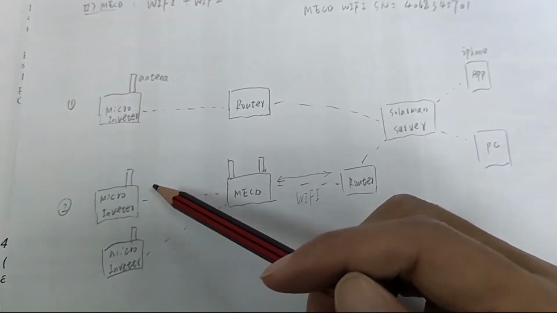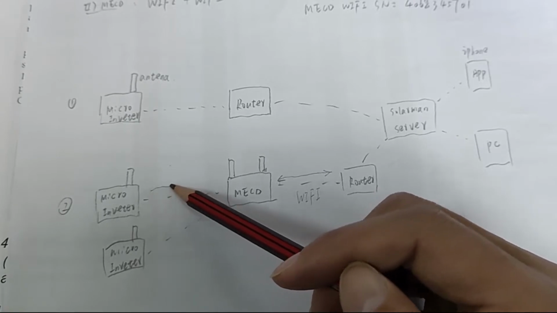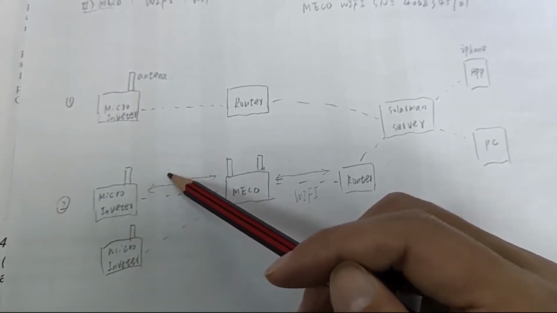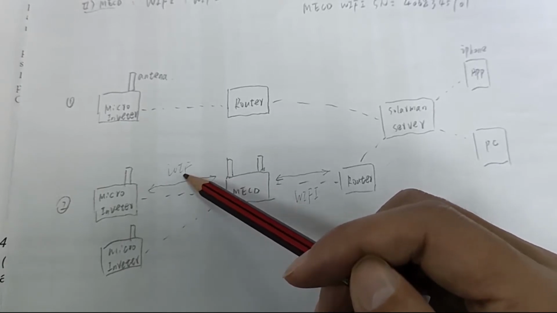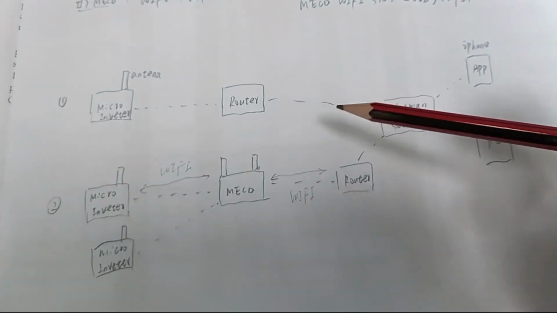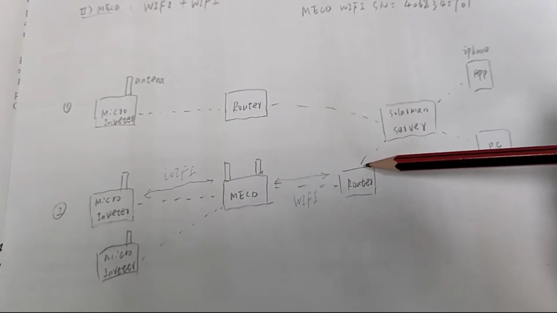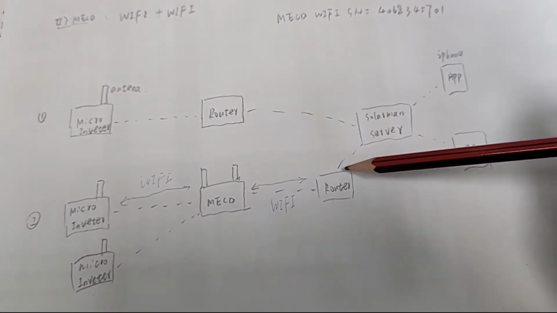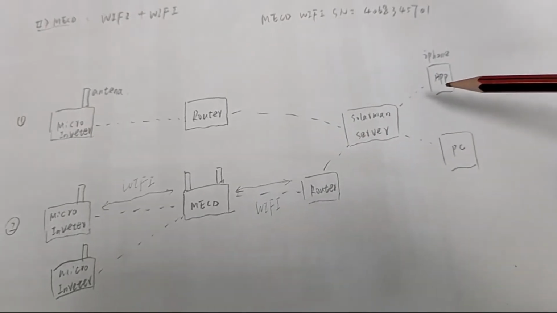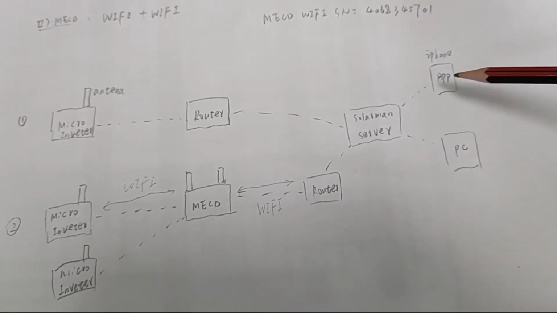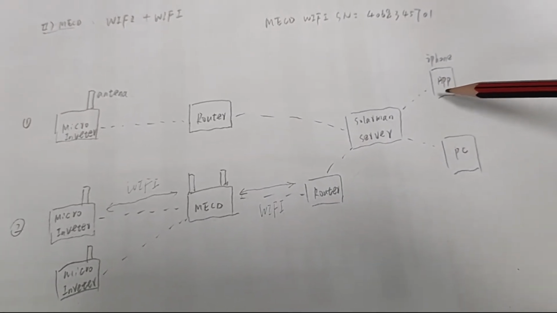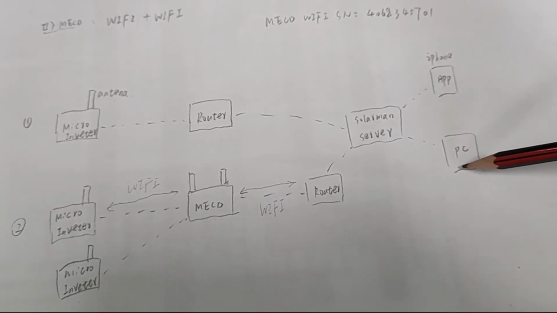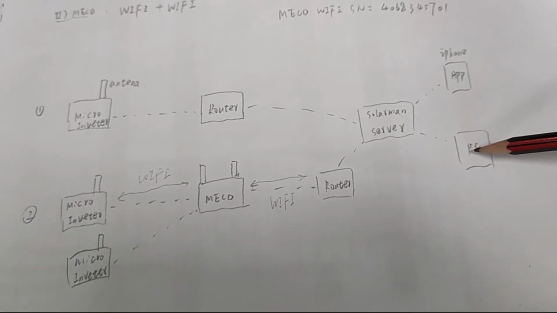Wi-Fi. And the MECD communicates with the router, and then the router transfers the data to the Solomon server so that we can monitor the plant via the Solomon app, Solomon Business or Solomon Smart, or you can monitor your plant by PC.